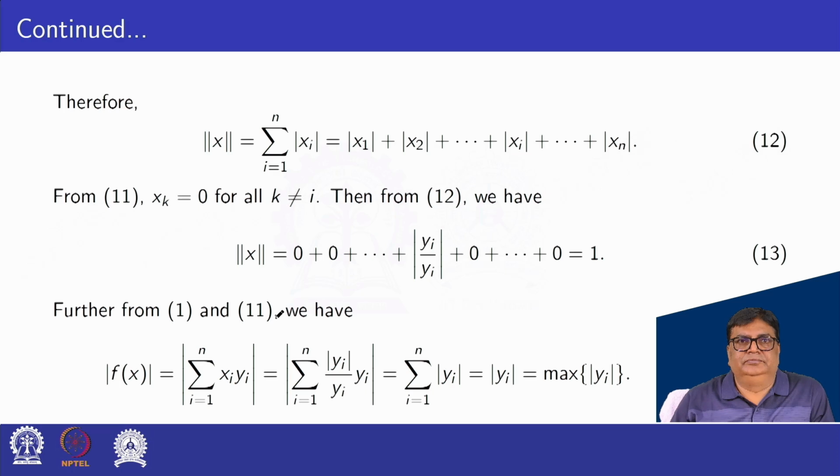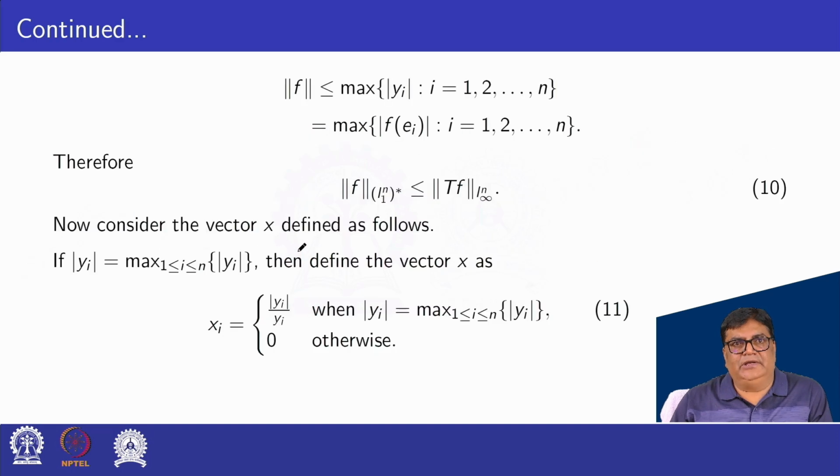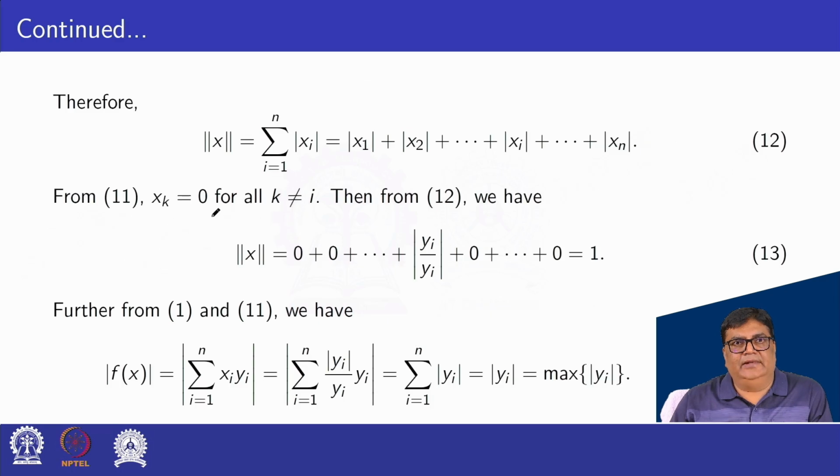Here L is L1n, so norm x is equal to mod x1 plus mod x2 plus and so on, mod xn. From equation 11, xk is equal to 0 for k not equal to i.